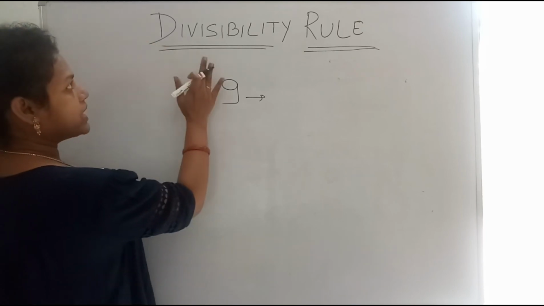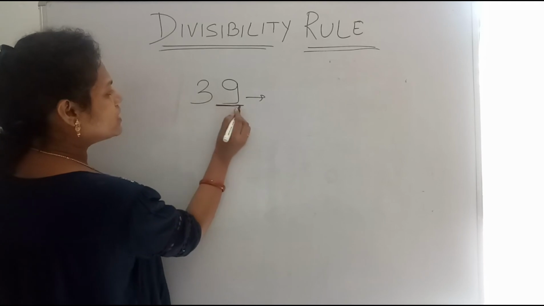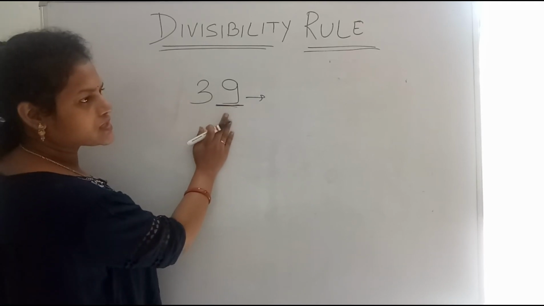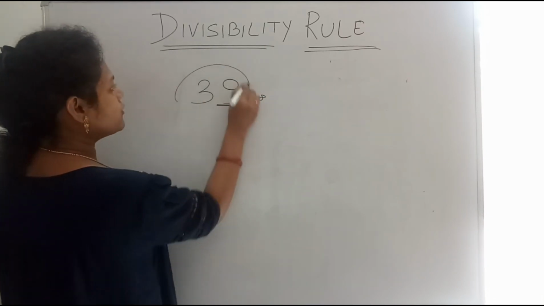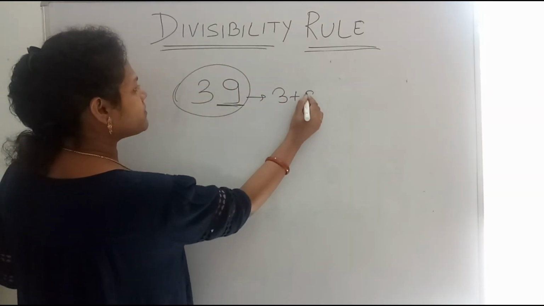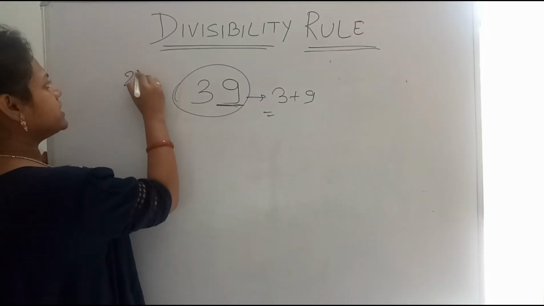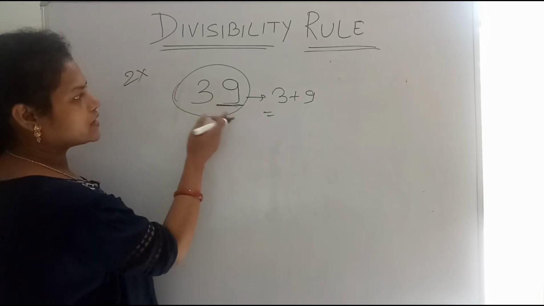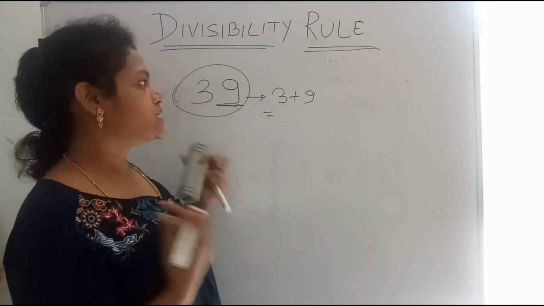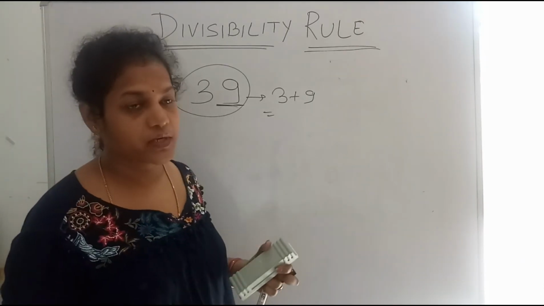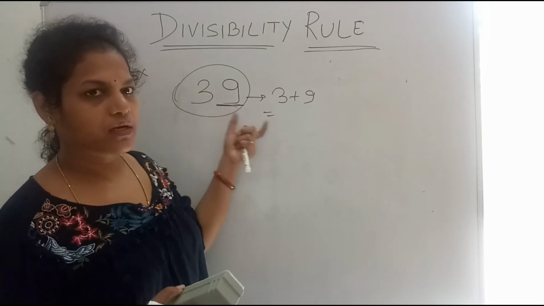By studying this rule, we can easily say that it is not divisible by 2, because in the unit place it is not an even number, it is an odd number. So obviously we will follow the rule for 3, that is 3 plus 9, and check whether it is divisible by 3 or not. We got that it is not divisible by 2 because we saw the unit place. Likewise, while studying this divisibility rule, it is very easy for the student to understand whether a number is divisible by a particular number or not.